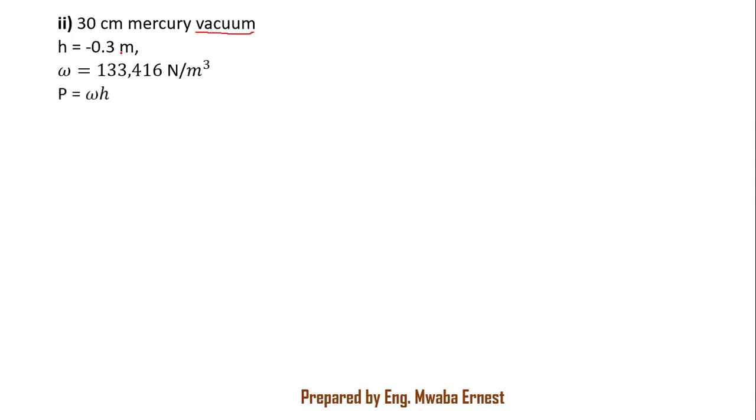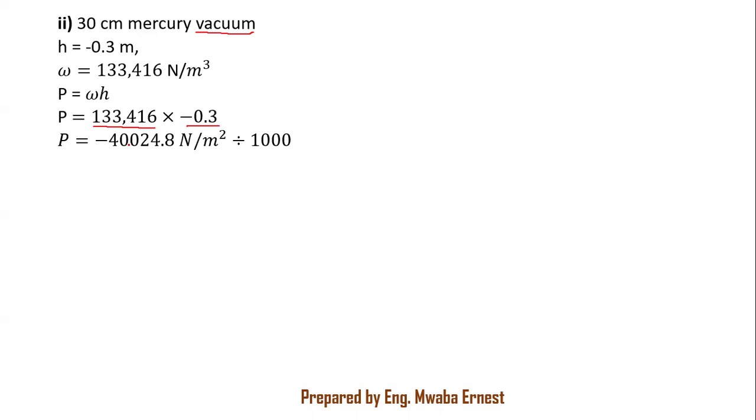Using the same formula, P is omega H, in place of omega we put the specific weight of mercury and multiply by the height, which is 0.3. From that product, we get 40,024.8 newtons per square meter.